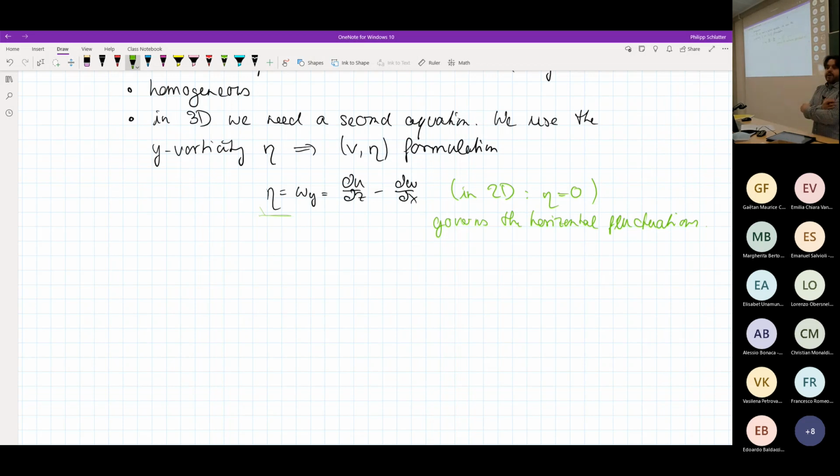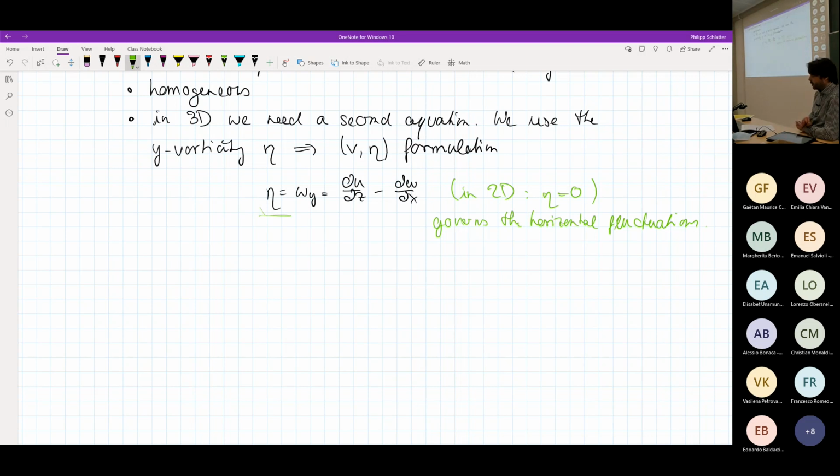Okay, so how would I now calculate the eta equation? Well, essentially, it's the same principle as I have just done. You would again start from the U and the W equation. You would feed them into vorticity form. You would remove the pressure.